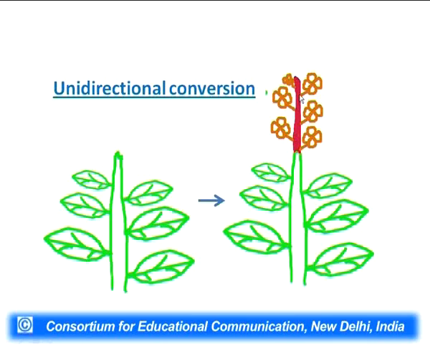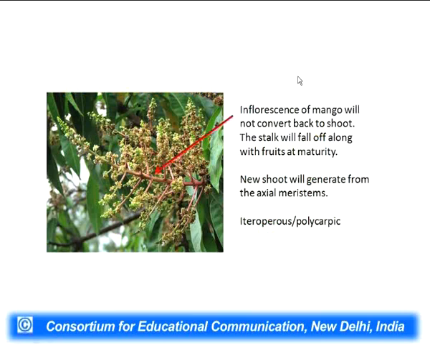It may be indeterminate in the sense that stem cells are left in the tip. Something like this is a mango inflorescence. It is an indeterminate one where you have a large number of mango flowers, and at the tip of each branch there are meristem cells left.